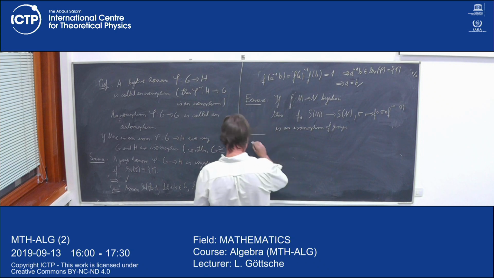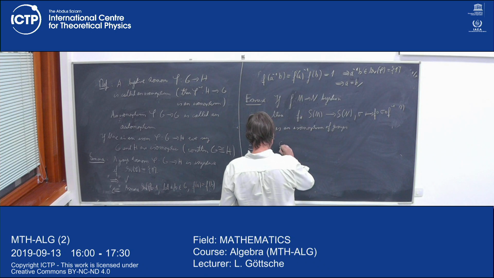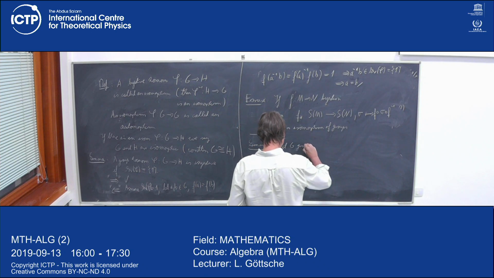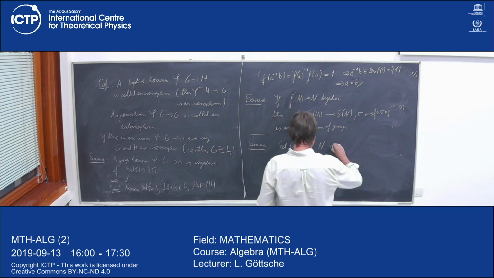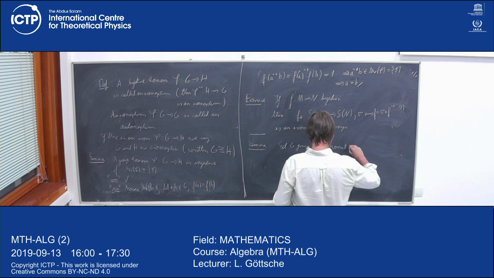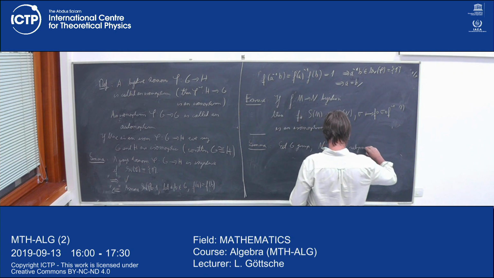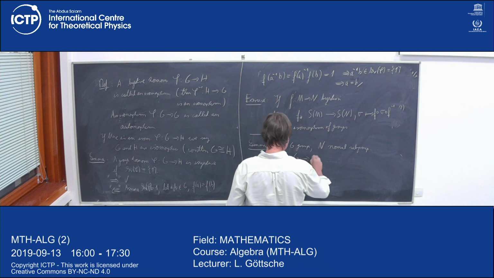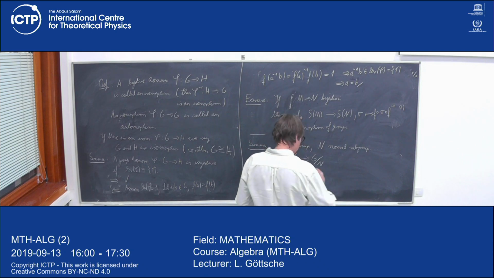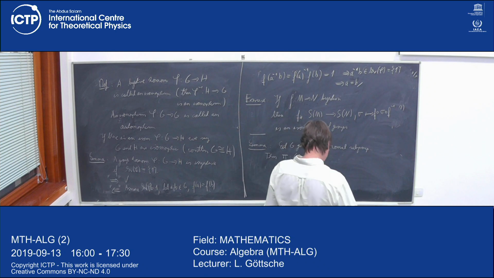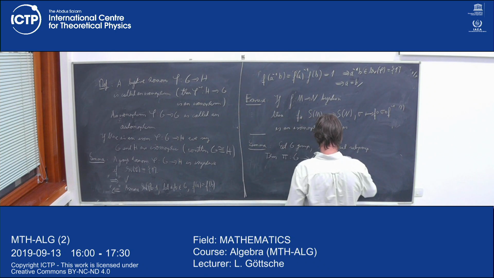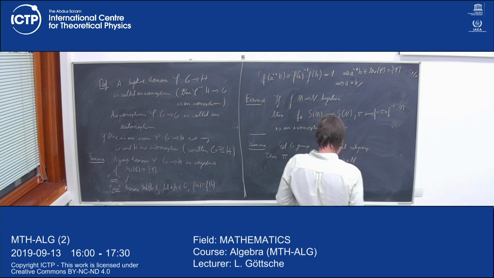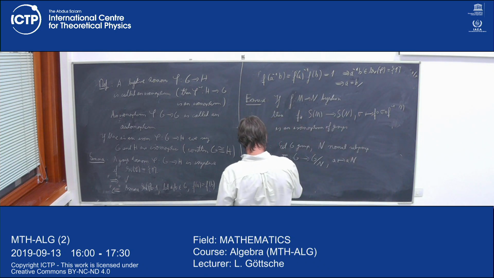So I still call it a lemma. Let G be a group and N a normal subgroup. Then the map from G to G mod N, which sends a to aN, is a surjective group homomorphism.